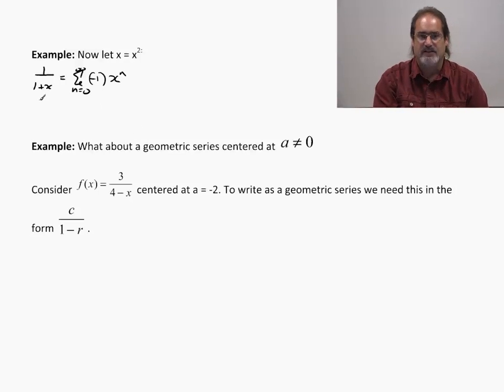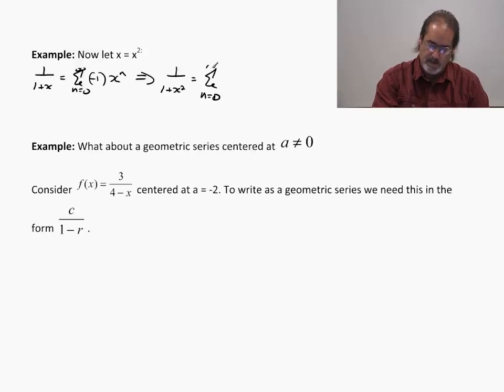So if I let x equal x squared, that would then imply that 1 over 1 plus x squared must be equal to the sum n equals 0 to infinity, negative 1 to the n times x squared to the n, which I would rewrite as the sum n equals 0 to infinity, negative 1 to the n, x to the 2n.